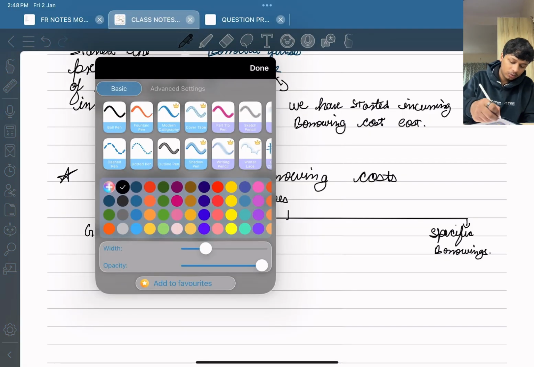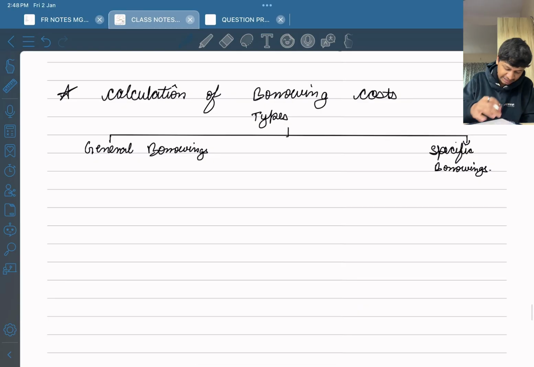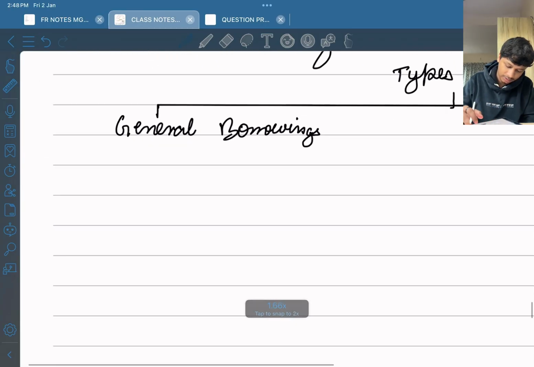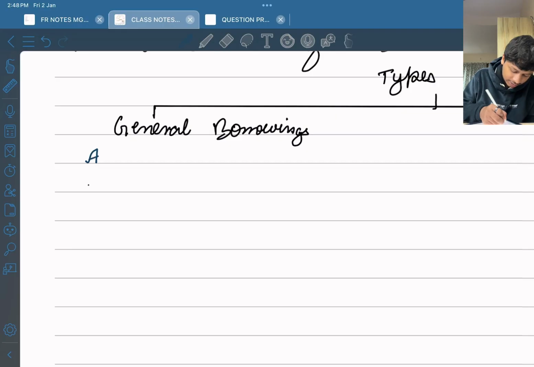Now, what is the treatment difference between the two? In general borrowings, when calculating borrowing cost, let's see three borrowings which a company has: 10,000, 5,000, and 15,000.